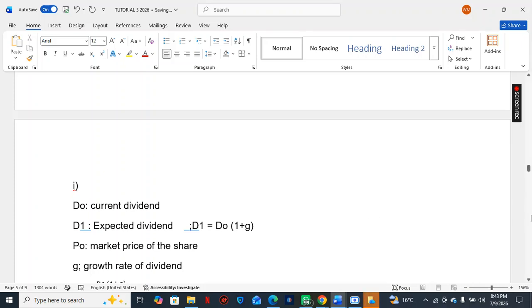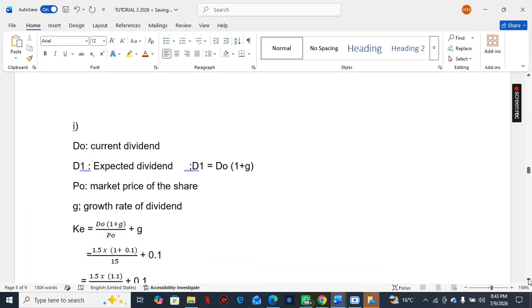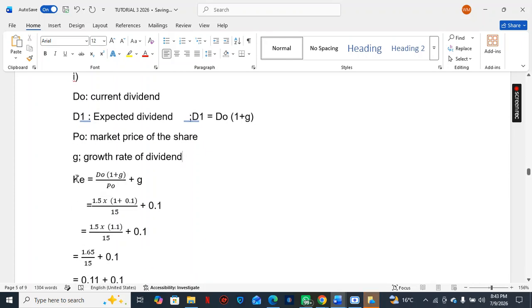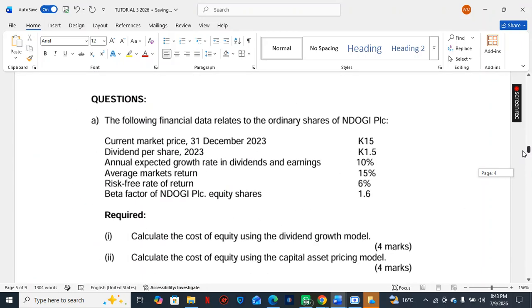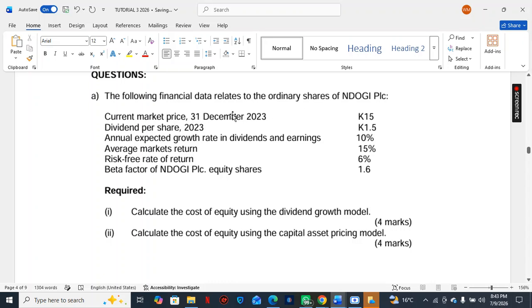So cost of equity, KE equals D0 (1 plus g) over P0, plus g. Colleagues, D0 is here, the current dividend. The current market price, P0, is this one here. Growth rate, 10% here. I think that's all that we need.